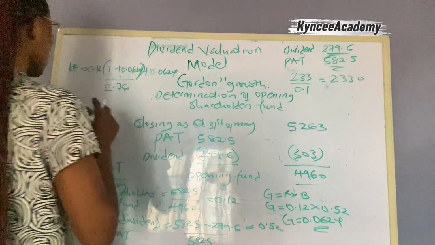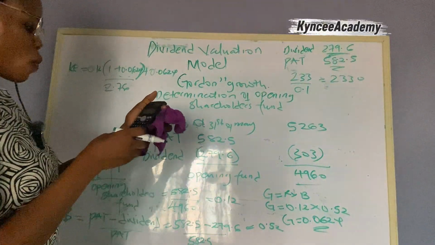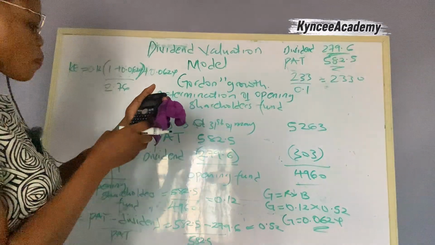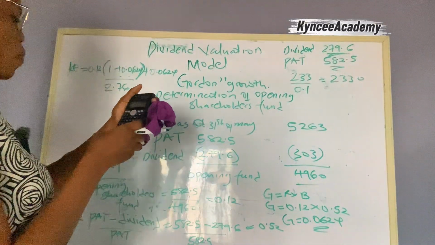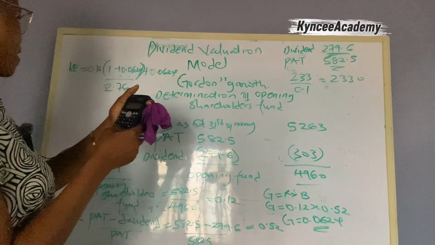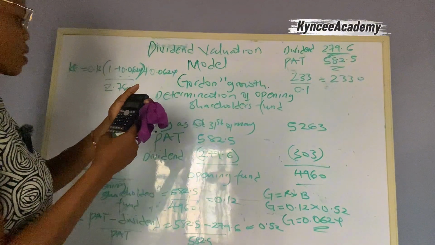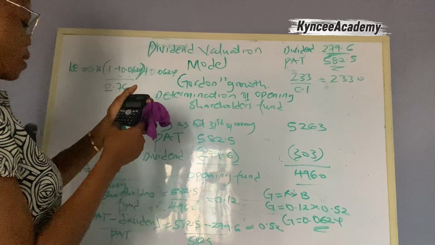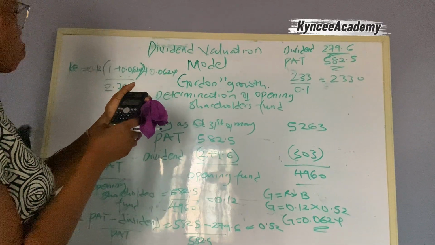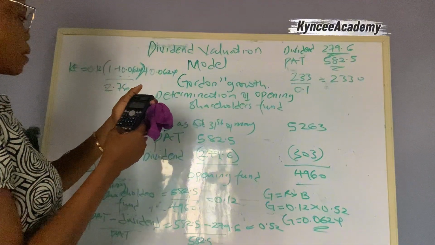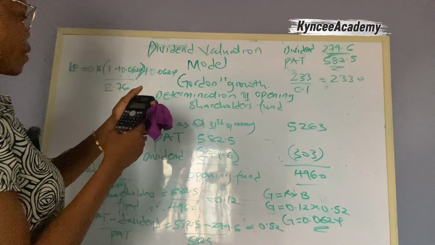So now we'll compute 1 plus 0.0624 times 0.12, then divided by 2.76, then plus 0.0624, times 100.